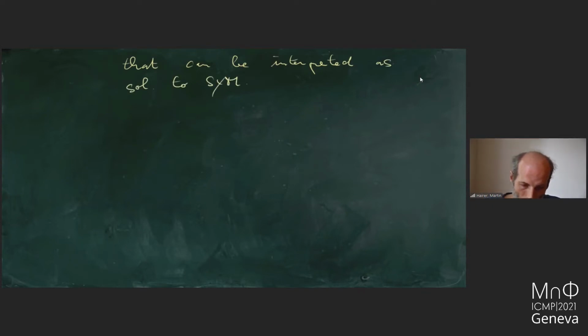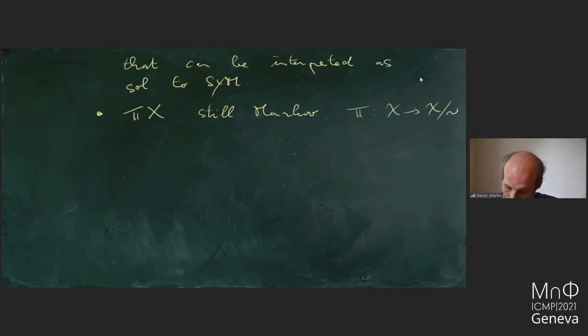Right? And then you would want to have the property that pi X is still Markov, where pi is the projection that goes from X to X modulo this equivalence relation.